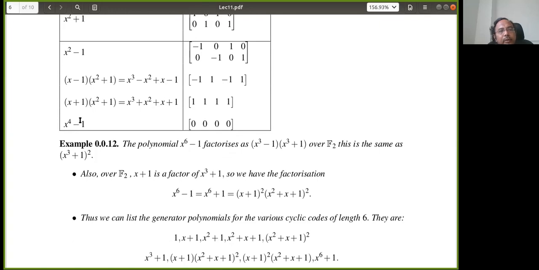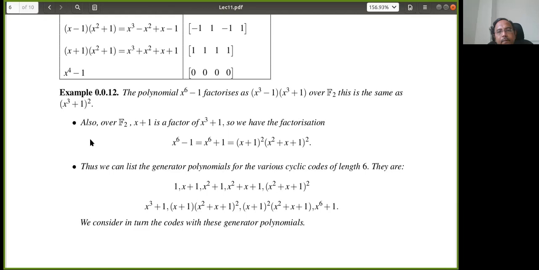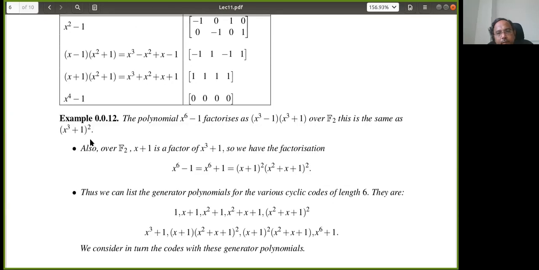X power 4 minus 1 in x power 4 minus 1, it is the 0 polynomial. Right. Okay, let us go further.